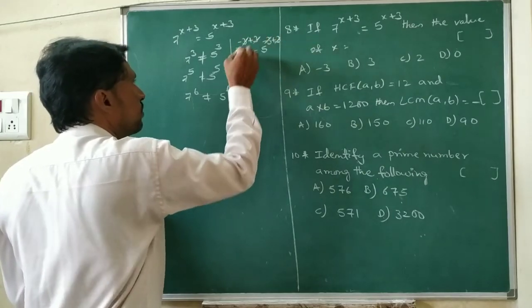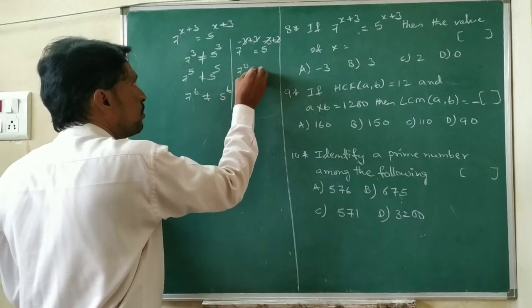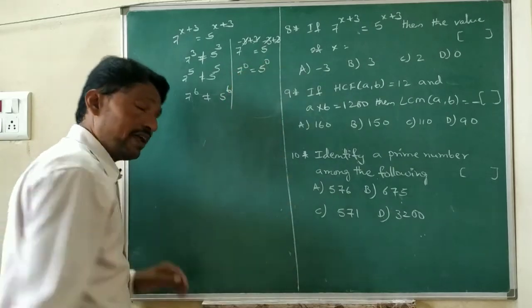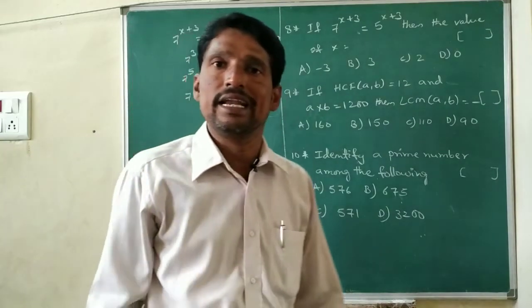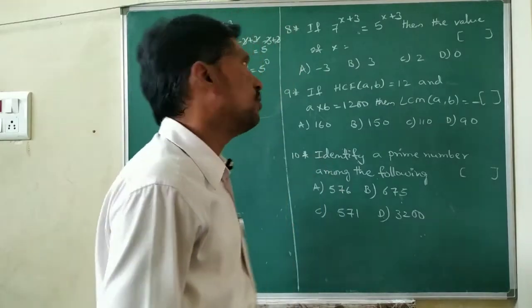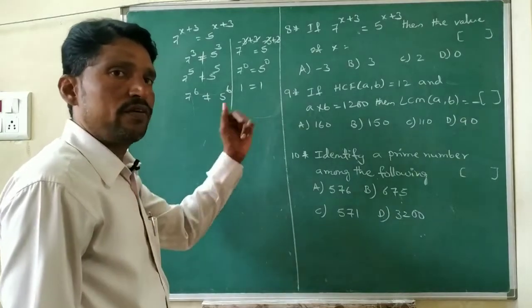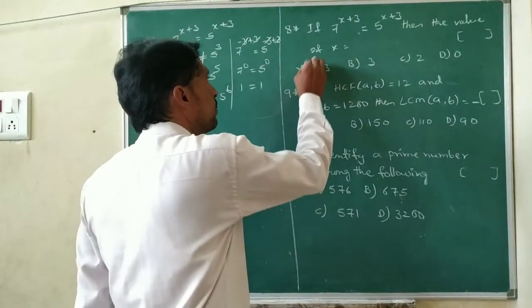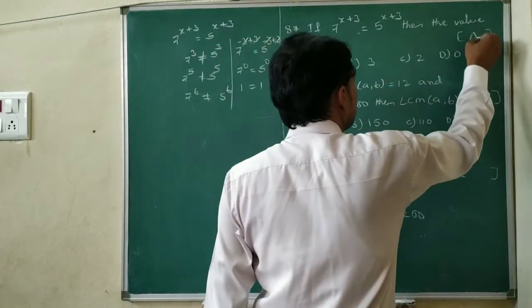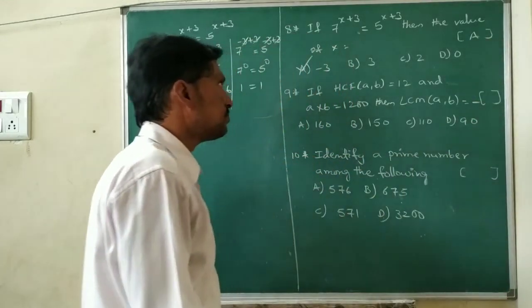Minus 3 plus 3 is 0, so 7 power 0 equals 5 power 0. We have the identity a power 0 equals 1. So 7 power 0 equals 1 and 5 power 0 equals 1. Both sides are equal, so option A is correct. Minus 3 is the answer.